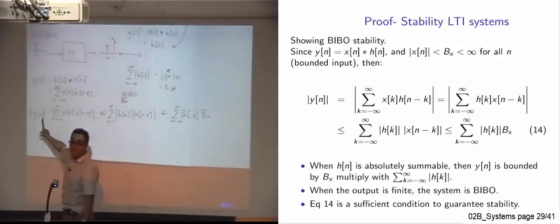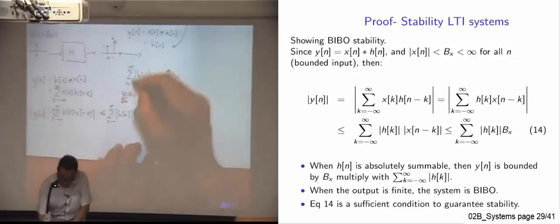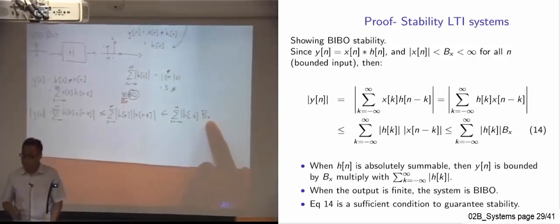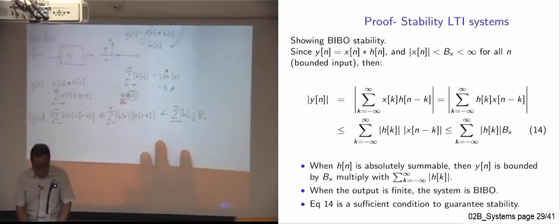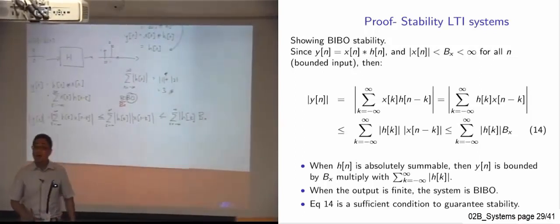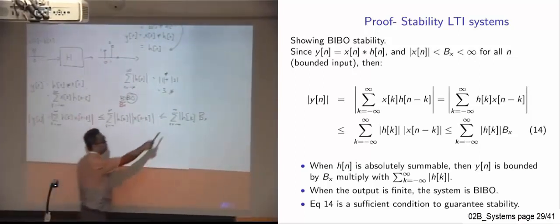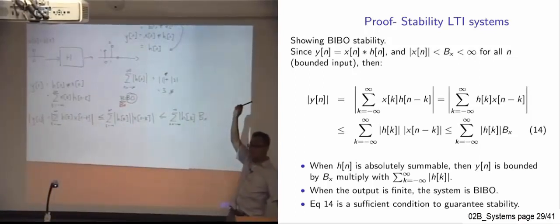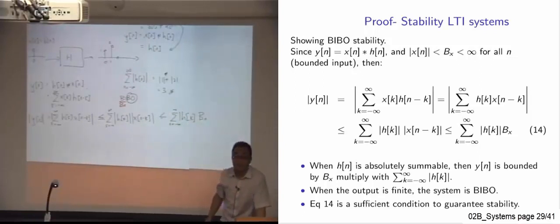Let me ask you, my left hand side is what? y of n. I'm interested in my y of n to be bounded. I've already told you my input is bounded. How will my output be bounded? If my input is, I've already given you, the biggest, how would y not go to infinity? What is the condition?